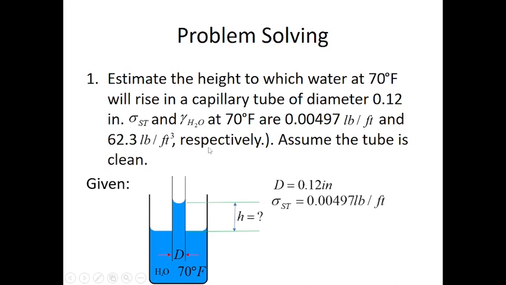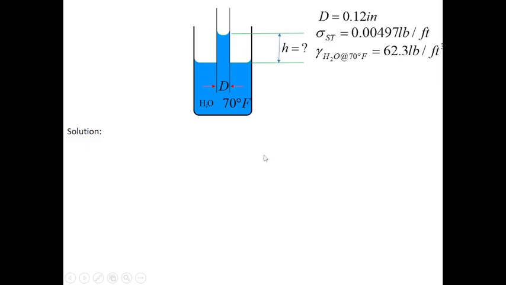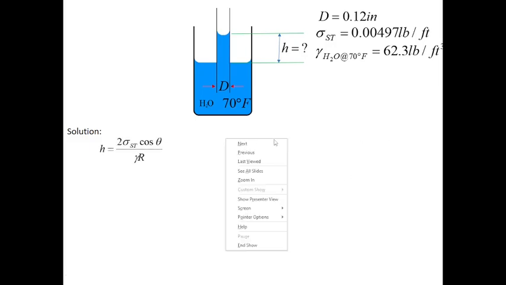The surface tension at this temperature is 0.00497 pound per foot, and the specific weight of water at 70 degrees Fahrenheit is 62.3 pounds per cubic foot.